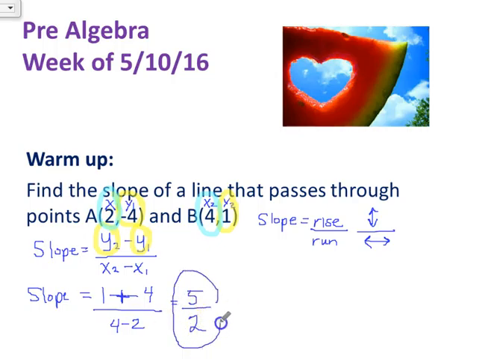So 5 over 2 would be our slope. Because there's no negative, overall this gives us a positive slope. That means this line, as we read a graph from left to right, is going to be rising. It's a positive slope, increasing. I'm going to go on to the next slide, so if you need more time, go ahead and click pause.